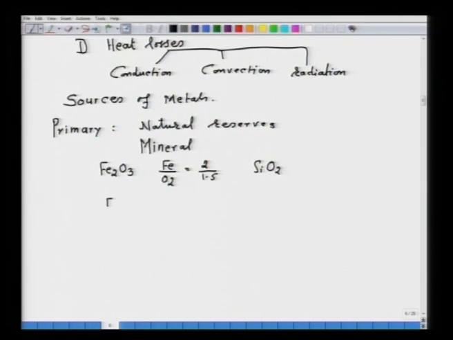Similarly, we take Fe3O4. The ratio of Fe upon O2 will be 3/2. Let us take Al2O3. The ratio of aluminum upon O2 will be equal to 2 upon 1.5. That is what the meaning of mineral is: the elements are combined in fixed proportions.